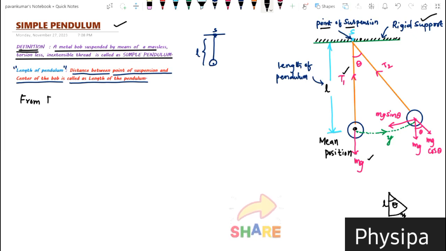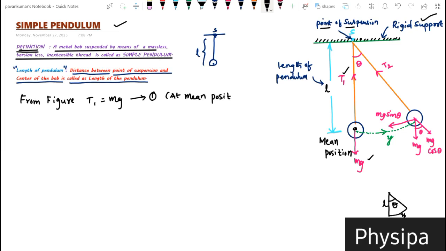Now from the figure, T1 is equal to mg. This is equation 1. Here T1 is balanced by the gravitational force at the mean position. T1 is the tension in the string.